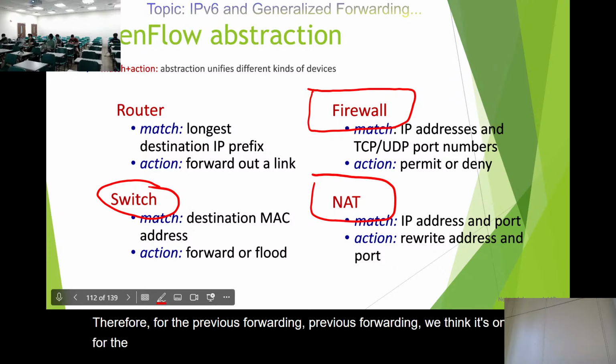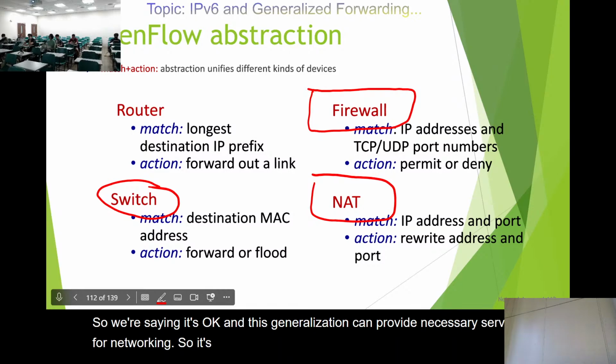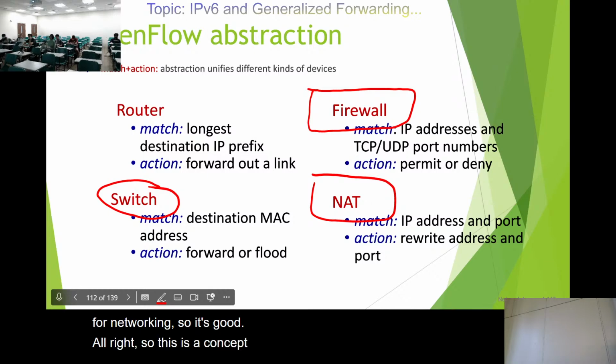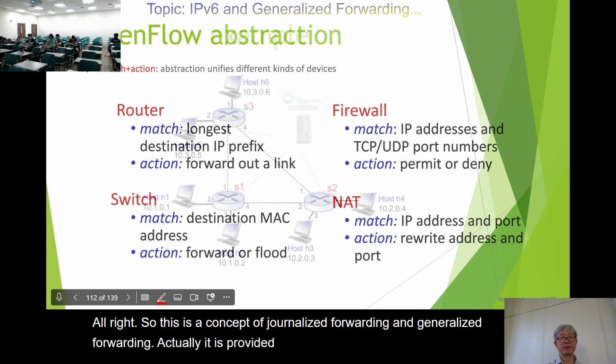But right now, we can have all services for routers, switches, firewalls, and NATs. So we think it's okay, and this generalization can provide necessary service for networking. So it's good. All right, so this is the concept of generalized forwarding, and generalized forwarding is actually provided by OpenFlow.